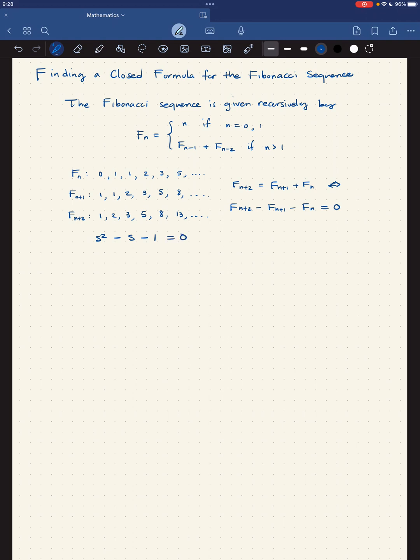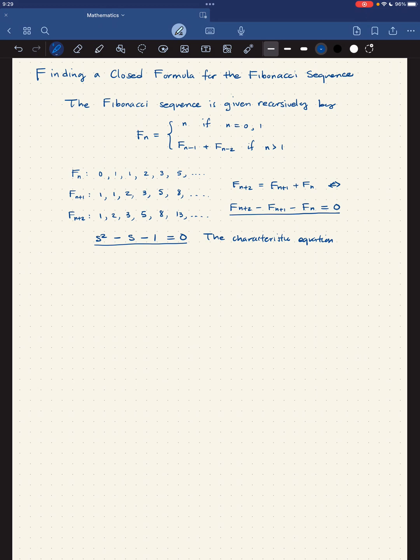This entity that we have here is what we call the characteristic equation, which of course is very much related to the recurrence equation that we obtained just right here.